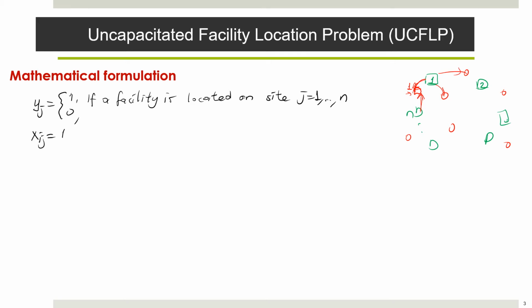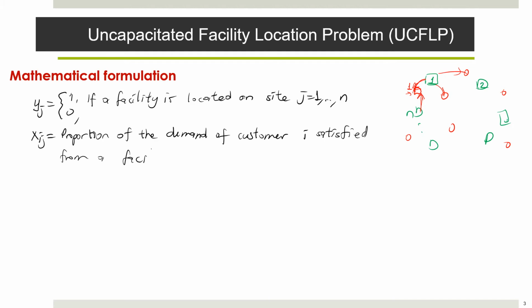Therefore, our decision variable will be xij, which will be the proportion of the demand of, let's say, customer i satisfied from a facility located at j.